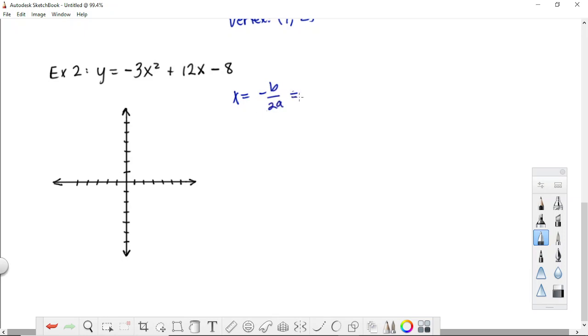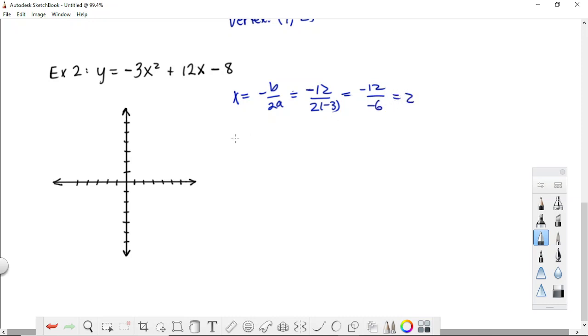So let's see, in this case b is 12, so that's negative 12 over 2 times a, and a is negative 3. So that's just going across here, negative 12 over negative 6, so that's 2.